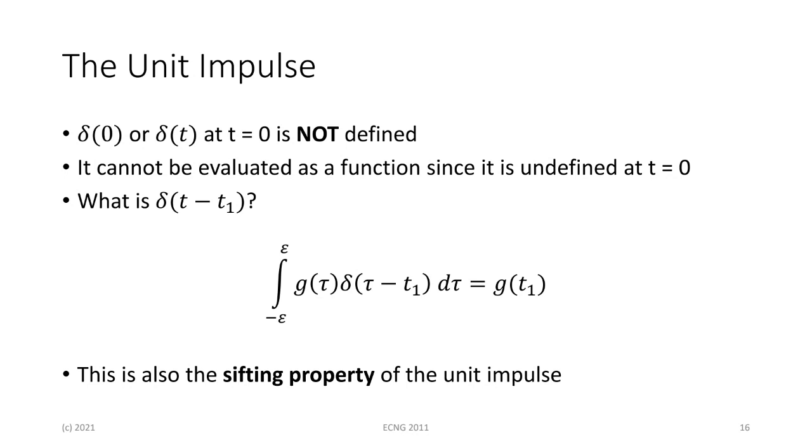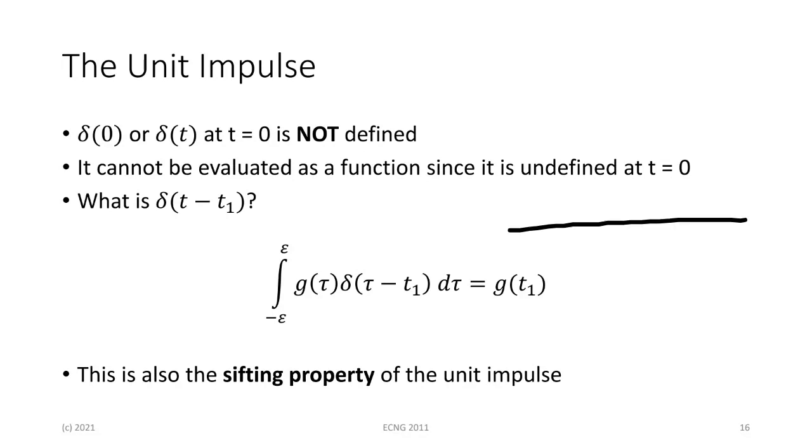So back to our designation. What is delta t minus t1? Delta t minus t1 is an impulse that is delayed or advanced. Delayed, right? So it's delayed by t1.